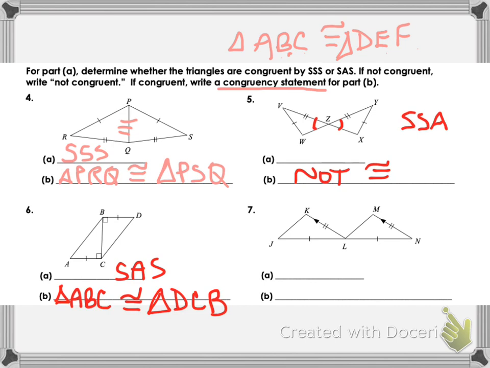Okay, in this last one, I see some parallel lines. I'm going to emphasize these parallel lines here. So with parallel lines, we might have corresponding angles congruent. We might have alternate interior angles congruent. But what I'm seeing is corresponding angles.